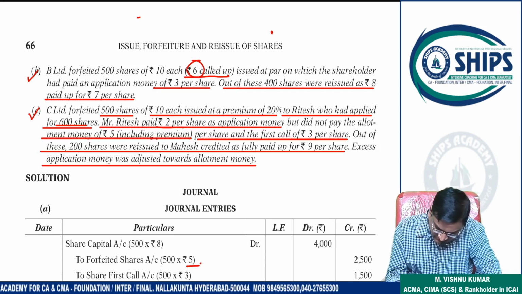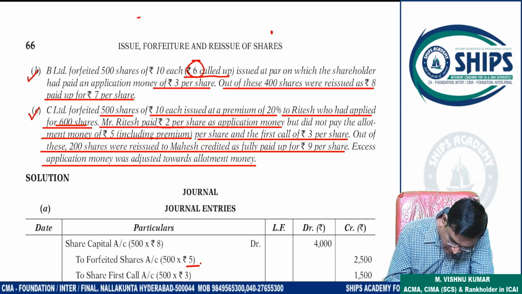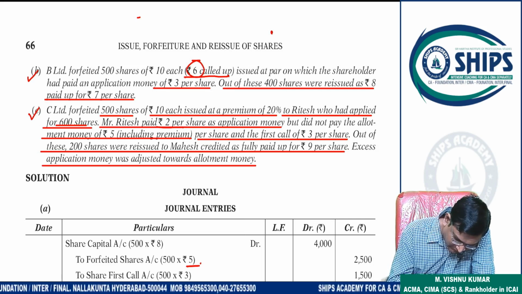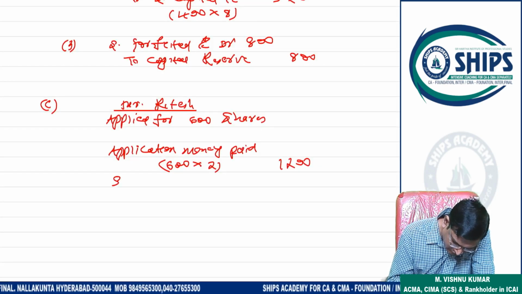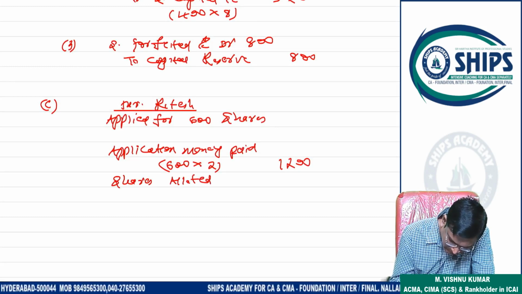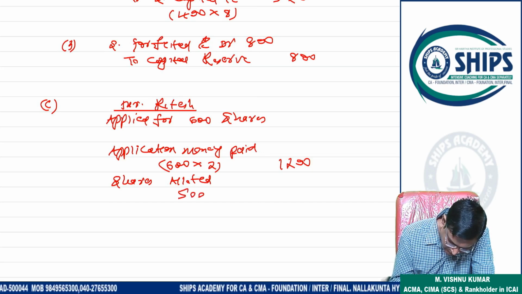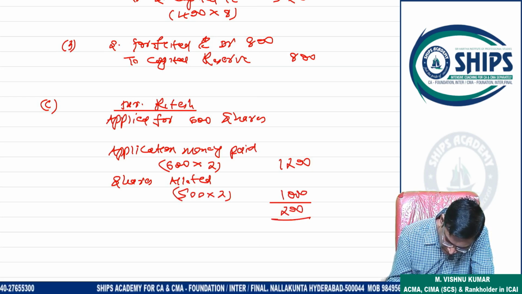Now how many shares allotted to him? 500 only, because 500 shares are forfeited, so 500 only allotted. So shares allotted 500 into 2, 1000. Excess application money how much? 200.